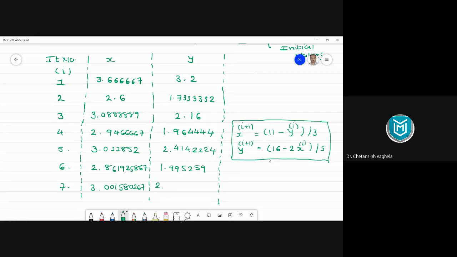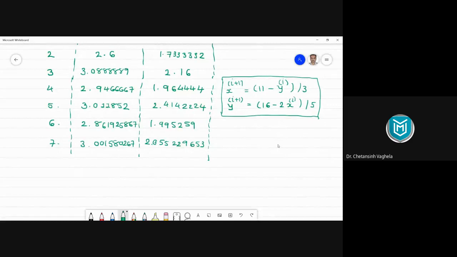It is 2.0055229653, right? So these values we got after 7 iterations. If you perform the iterations further, then these values will converge to this one.